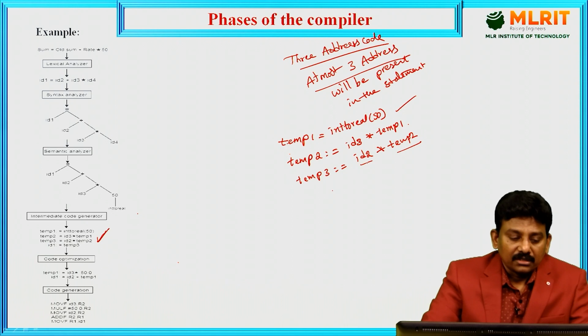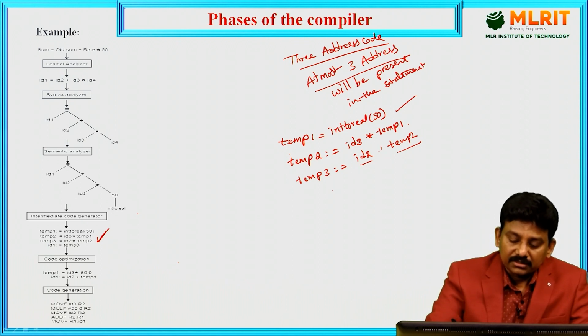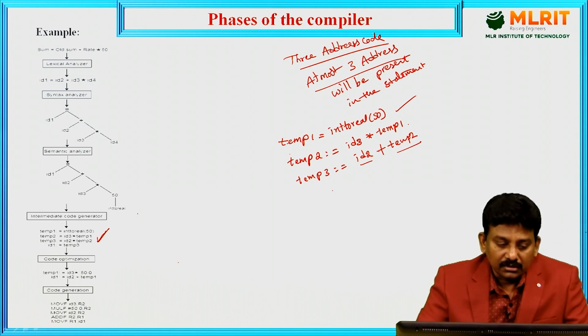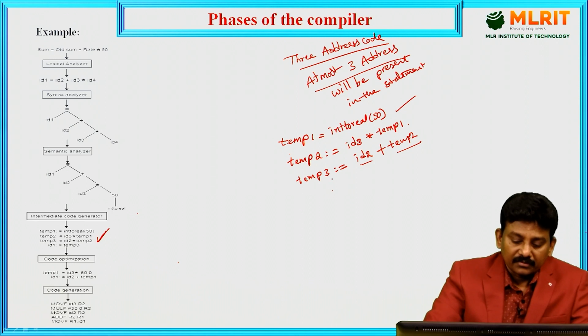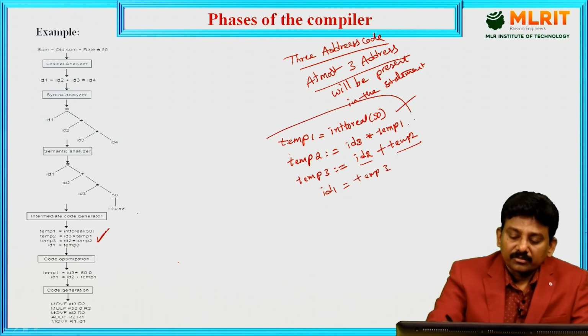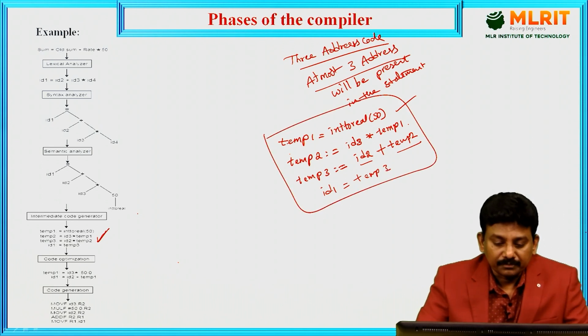So old sum, this is not star, this is plus. Old sum plus rate into 50 is assigned to temp 3. Then finally identifier 1 is assigned temp 3. So this is the intermediate code of the source program.